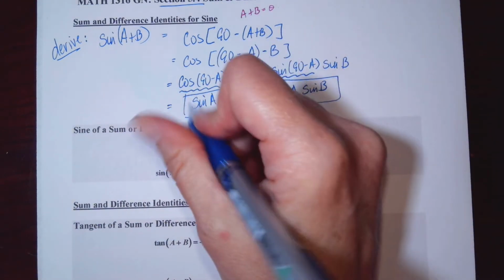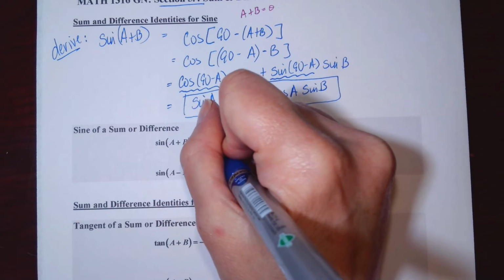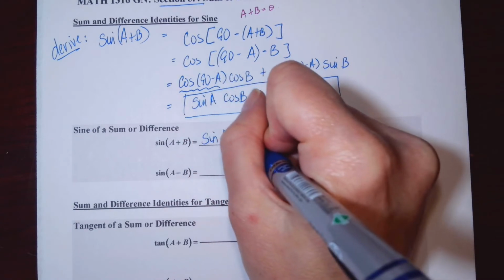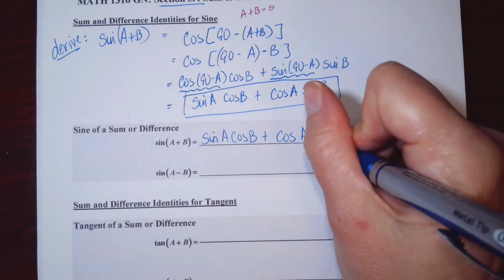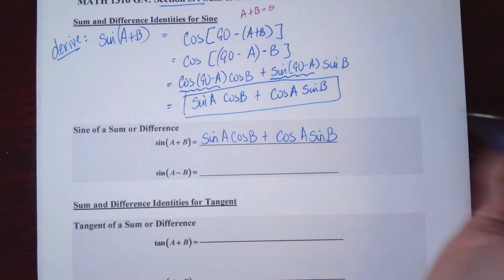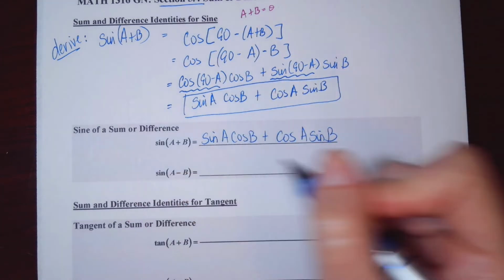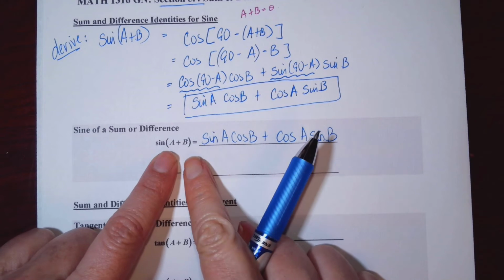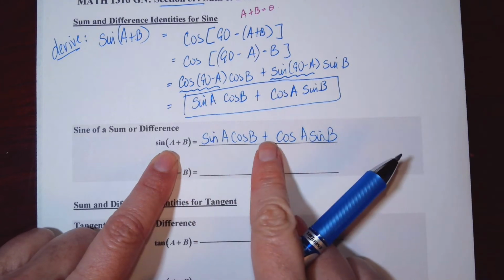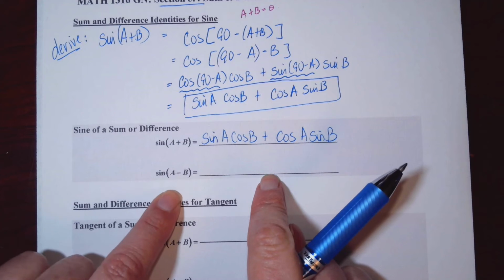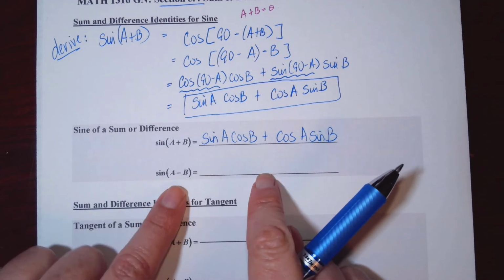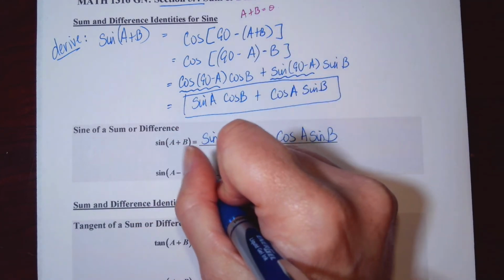Now, you're not going to have to prove to me how to derive these identities, but it's good to start thinking conceptually. That's the same type of process that we use with verifying identities. Notice that sine sum matches algebraic sign, plus and plus. Sine difference is going to match that algebraic sign. Minus goes with minus.